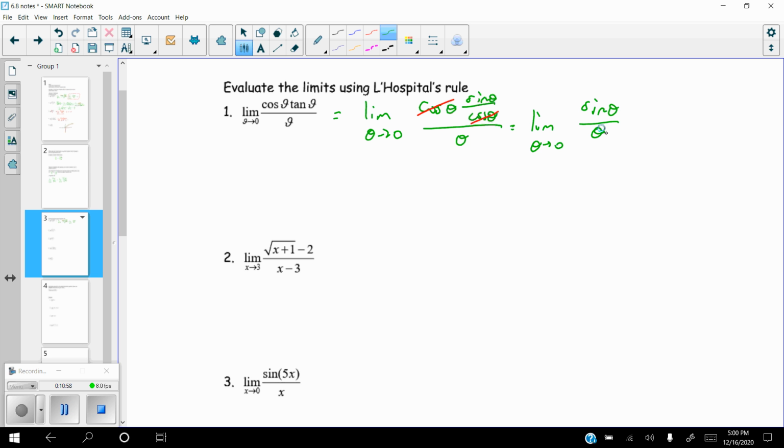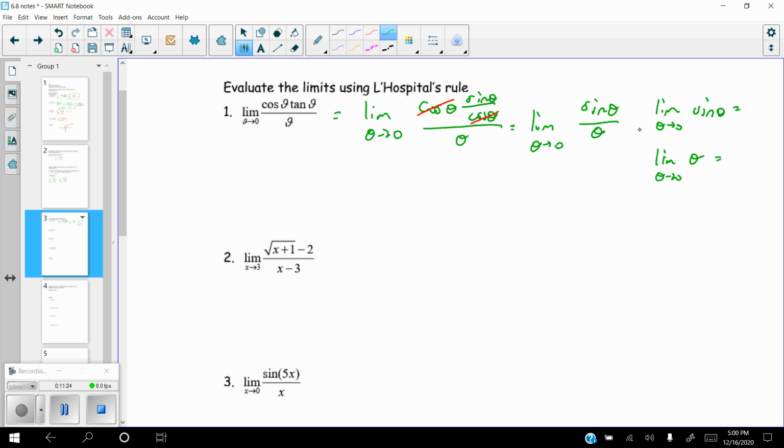If we were to apply L'Hopital's rule, and this next part for AP purposes is extremely important, because you can use your limit laws, you would take the limit as theta approaches 0 of sine of theta, and you would take the limit as theta approaches 0 of theta. Notice I did not put a fraction bar there.